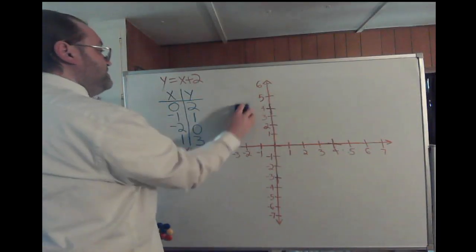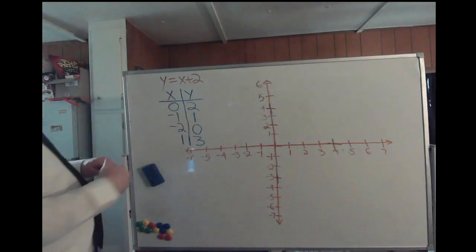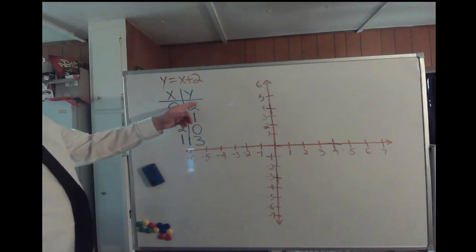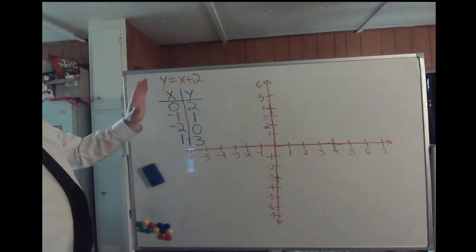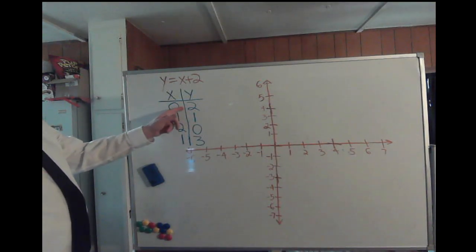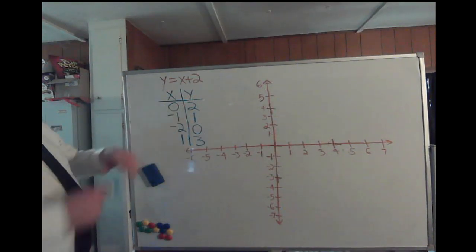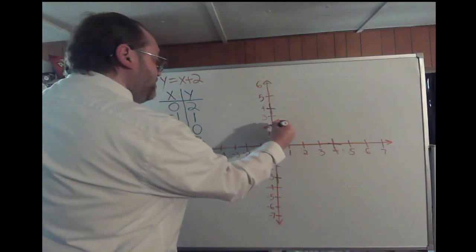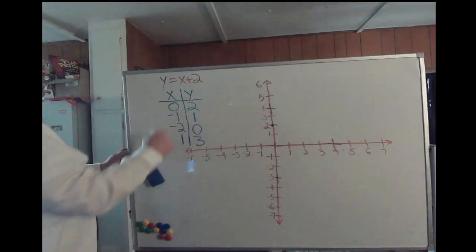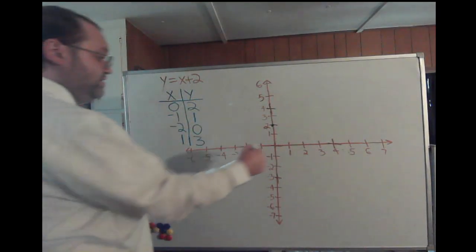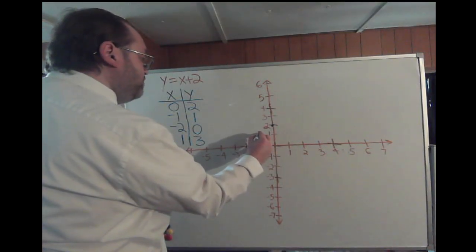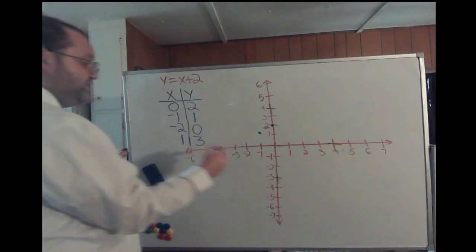Alright, so now these table of values that you've plugged in, each set becomes your ordered pairs. So 0, 2, you'll have the ordered pair 0, 2. So here's 0, 2 because you're going over 0 but up 2. -1, 1. Well, here's -1, 1 right here. -2, 0.